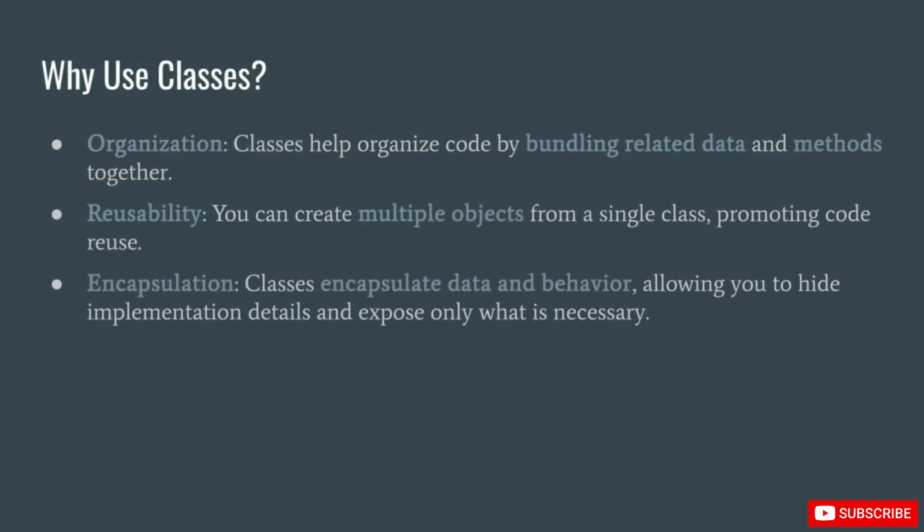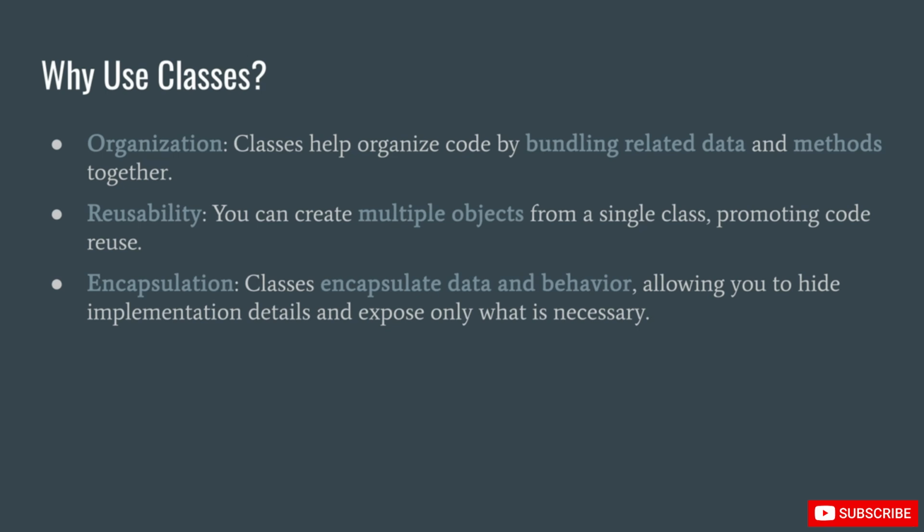So, why should we use classes in our programming? First, organization. Classes help us keep our code organized by bundling related data and methods together. This structure makes it easier to manage and navigate our code base. Second, reusability. Once we define a class, we can create multiple objects from it.